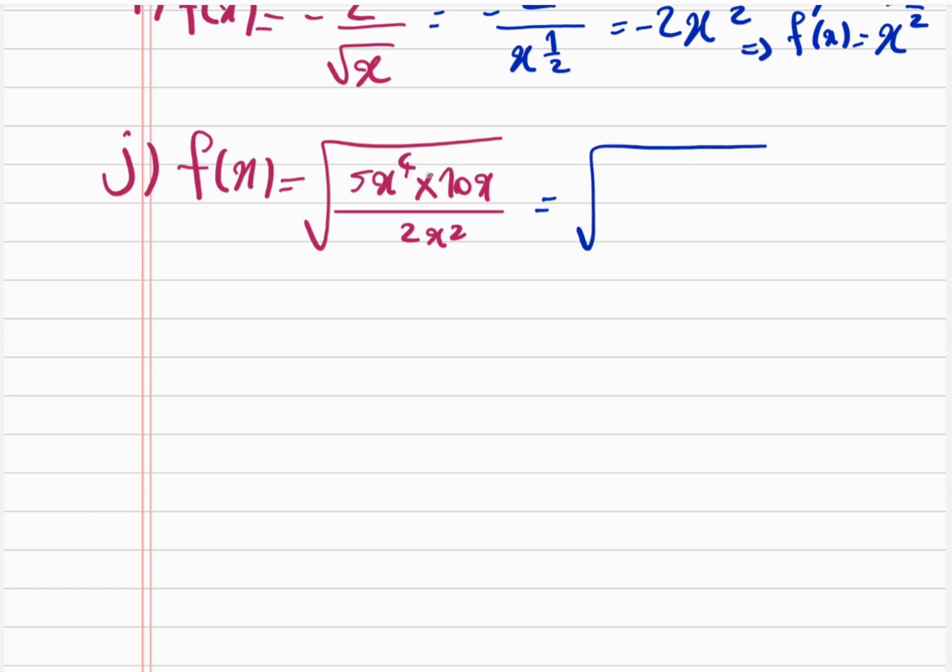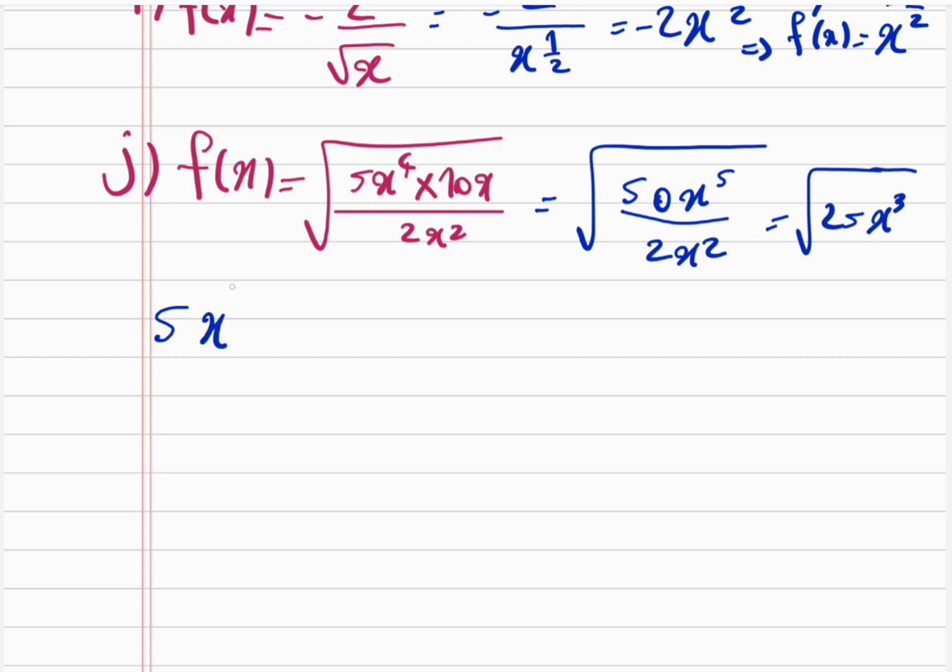So 5x to the power of 4 times 10x is 50x to the power of 5 over 2x squared, and then 50 divided by 2 is 25. x to the power of 5 over x squared is just x cubed. Okay. Now, root 25 is 5. And then we can write root x cubed as a fractional power, because it can be written as x to the power of 3 over 2. And this is the function.